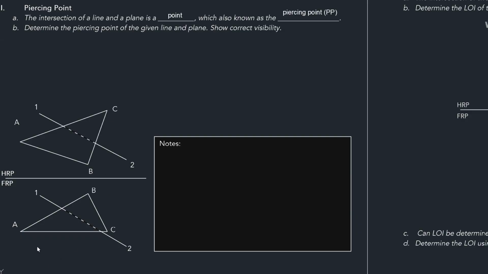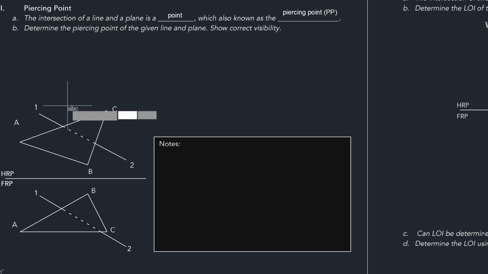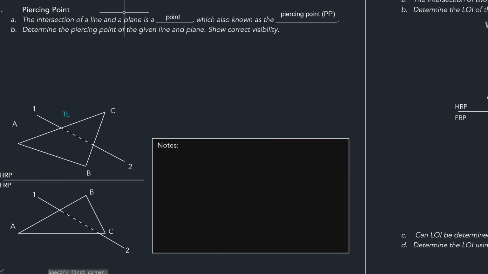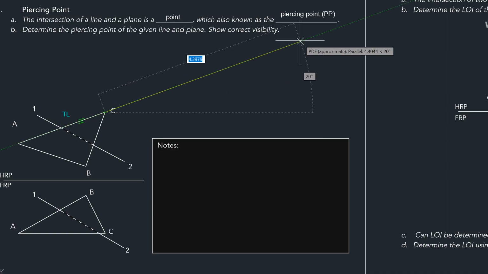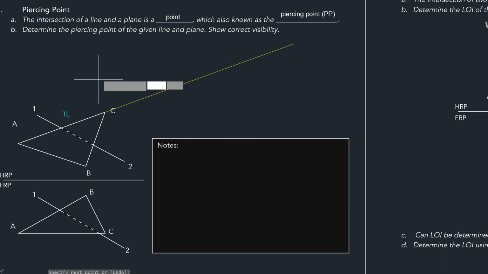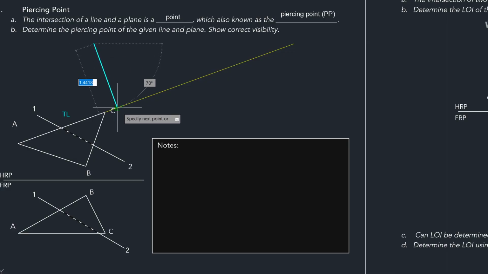So, this AC is conveniently parallel to the folding line, which means that AC here is in its true length. So, therefore, we can create a perpendicular reference plane. So we can do something like this, extend this. Then we do a perpendicular reference plane, like so.